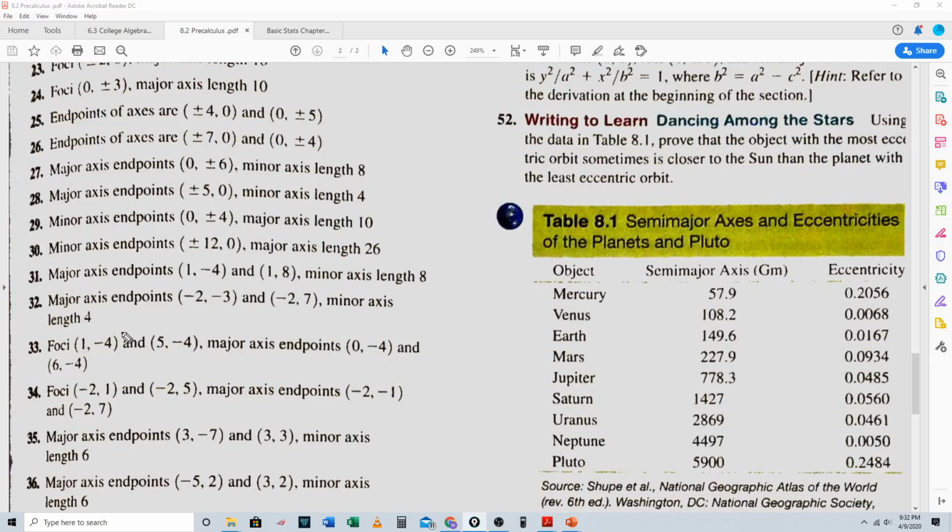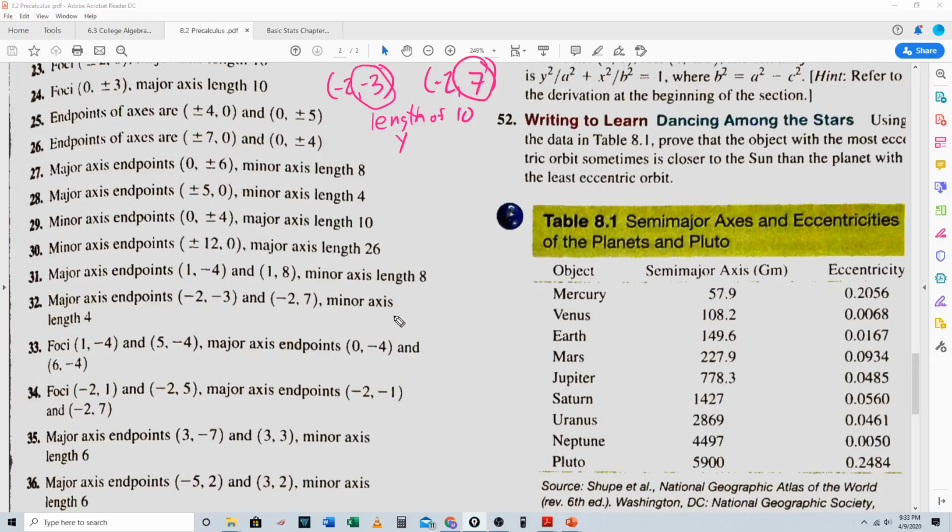Let's look at number 30. We have the major axis endpoints at (-2, -3) and (-2, 7), which again, because we know y is changing, and this is the major axis, that change is a length of 10. So we know the major axis is a length of 10, and that's on the change in y.